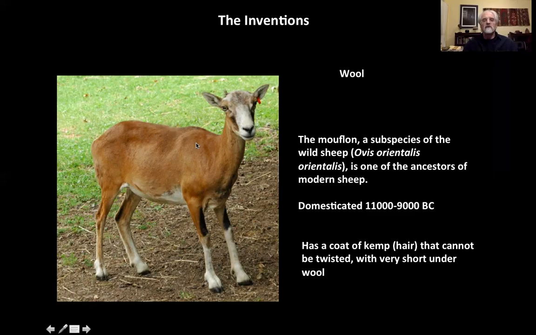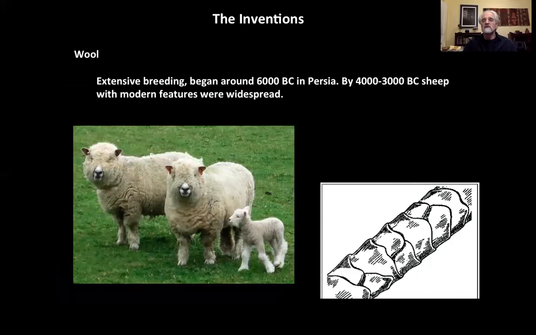The precursor of sheep is a wild animal known as the mouflon. And it has a hairy outer coat, which can't spin. And it has a very thin wool type undercoat, which doesn't really lend itself to much spinning either, very short fibered. So this required a great deal of, first of all, domestication and then actual breeding to develop over thousands of years, a sheep that looks like this.